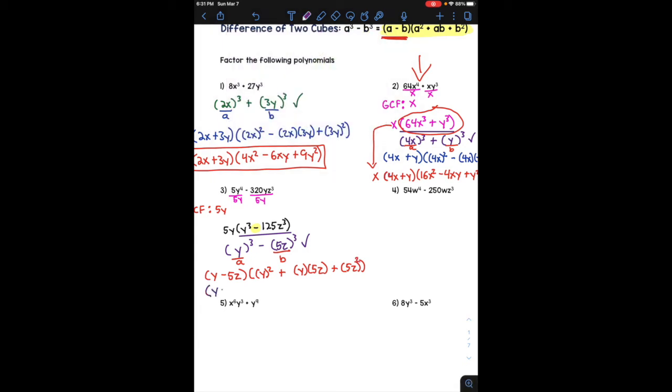Simplifying gives us the factors y minus 5z times y squared plus 5yz plus 25z squared.